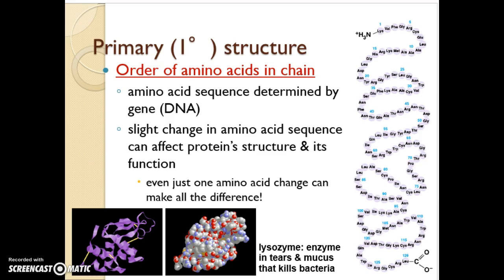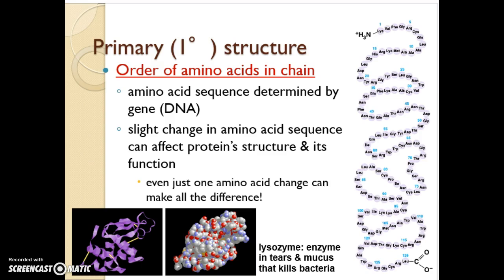Okay, so looking at that structure, we have three levels. We went over this in class, so I'll quickly review it here. We have the primary, secondary, and tertiary structures, which organize the folding within a single polypeptide. And this precise primary structure of the polypeptide chain is determined by inherited genetic information.